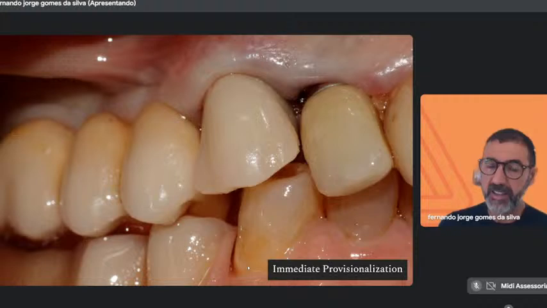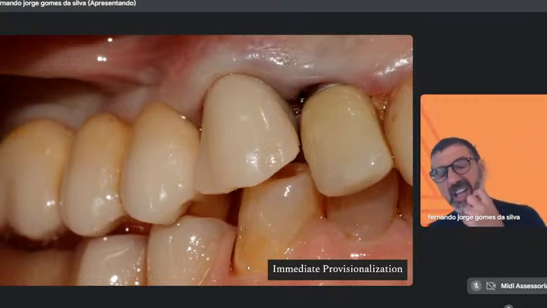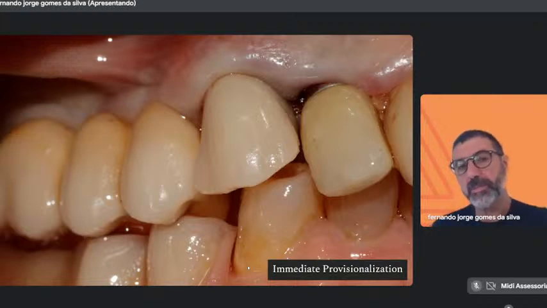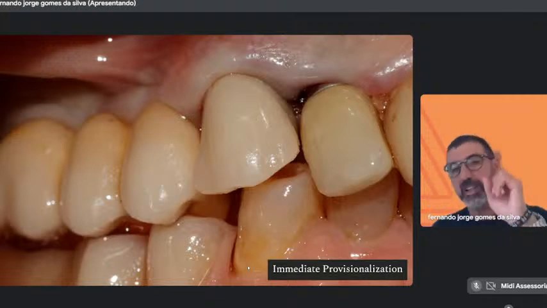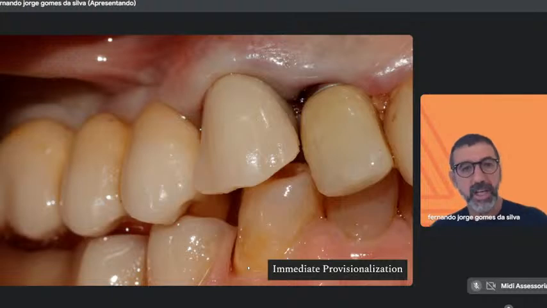Another case, in this case a canine. After the placement of the provisional crown, we see little ischemias surrounding our provisional tooth, because of the pressure over the soft tissues. Why? To get the biological contour as we wish.